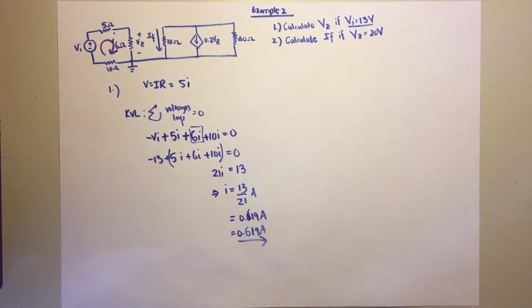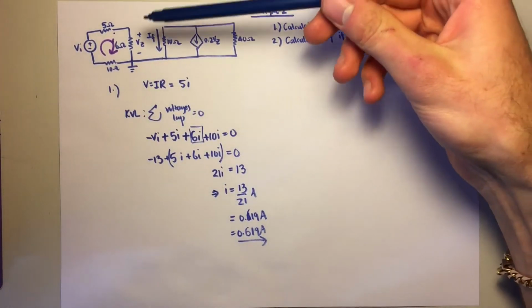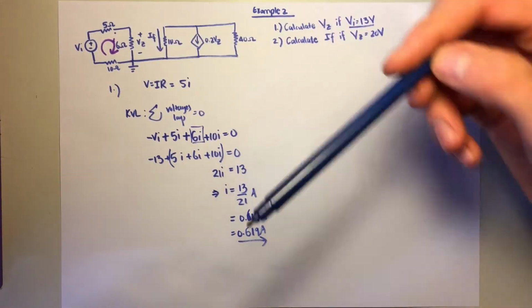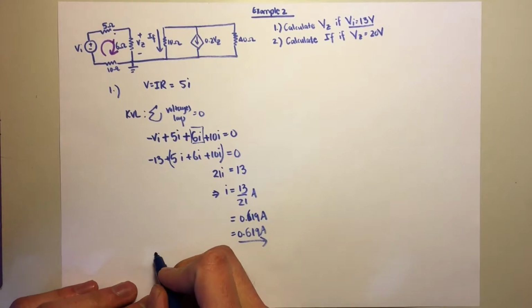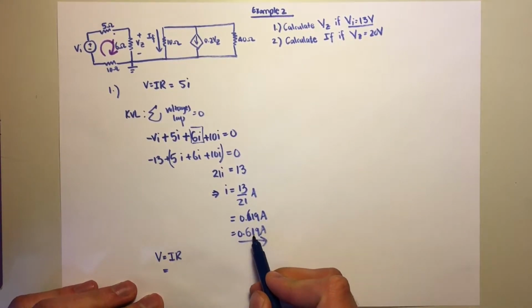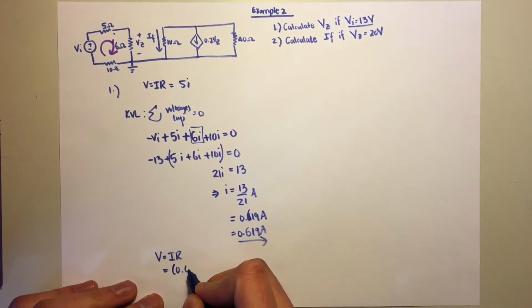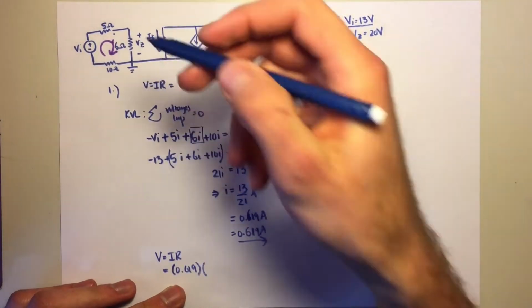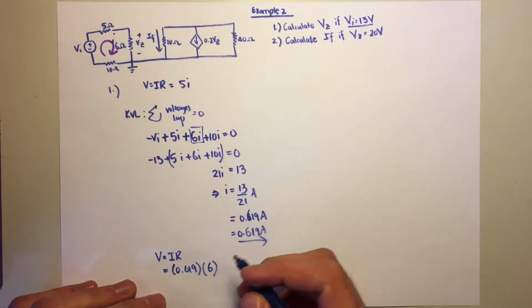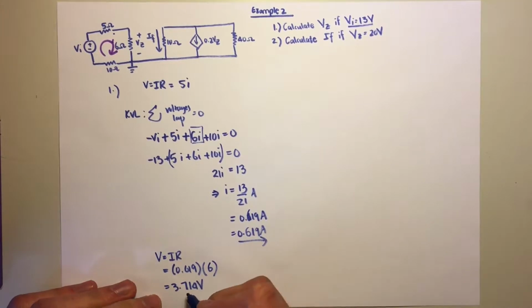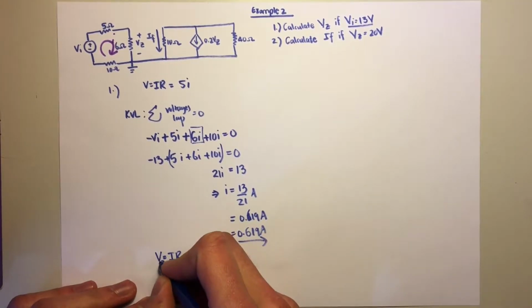Okay, so now we have the current in this loop. This means we want VZ, and we have I and we have R, so we can calculate V from V equals IR. The current in this loop is 0.619 times the resistance of 6 ohms, and that gives us 3.714 volts for VZ.